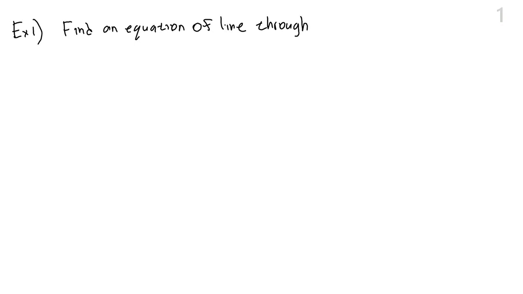Okay, so let's do an example. In example 1, we are asked to find an equation of a line through the points -2, 5 and 4, -3. So we are given 2 points. We cannot jump into writing down the equation directly.